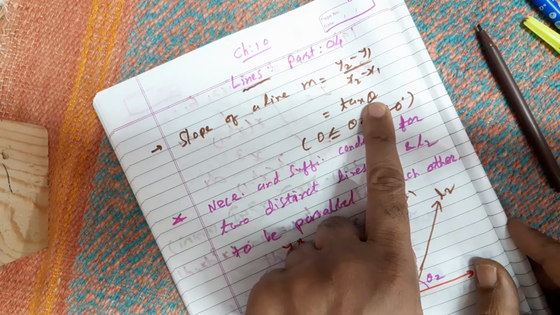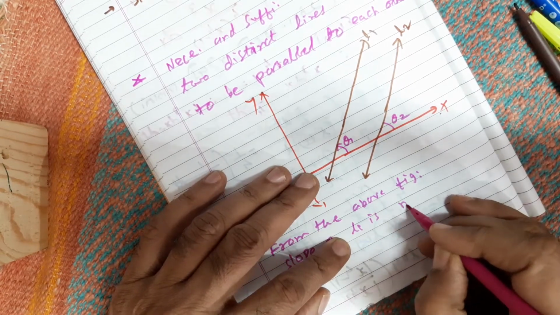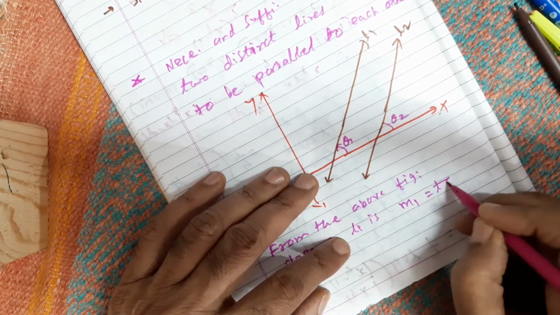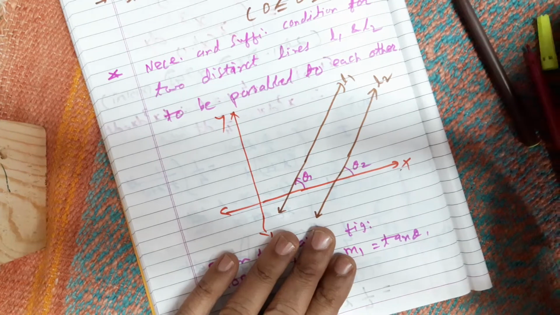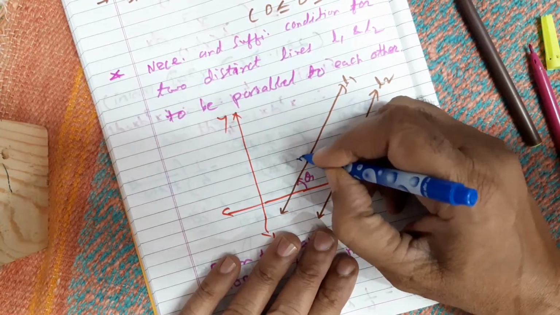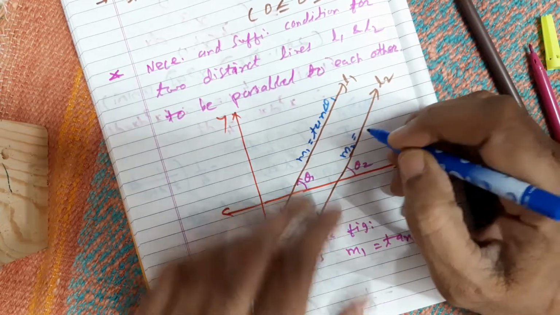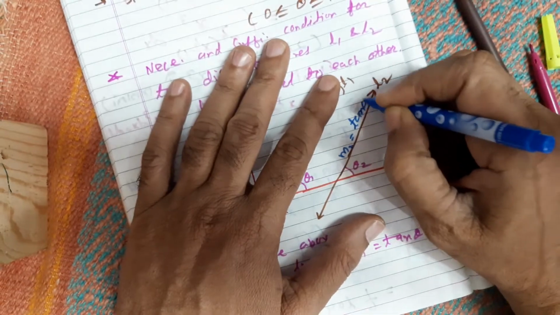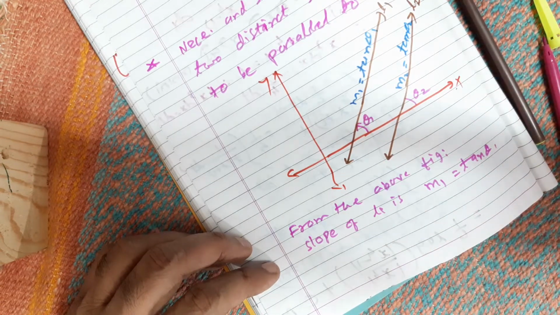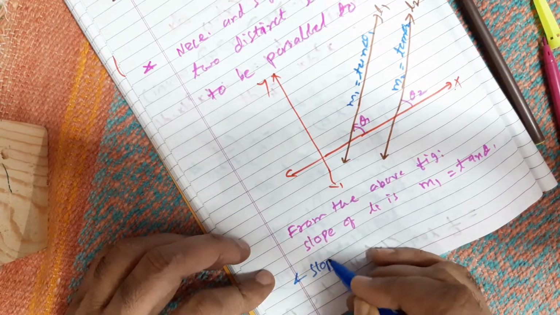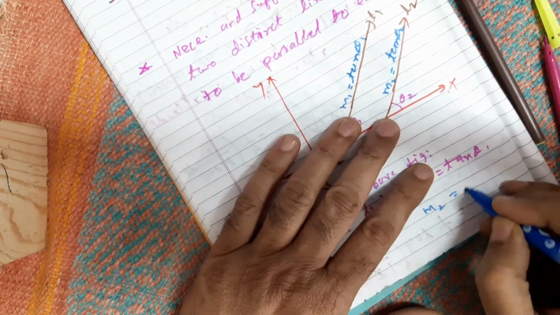So let us assume the slope of L1 is m1, then m1 is tan theta 1, and the slope of the other line L2 is m2, where m2 is tan theta 2.